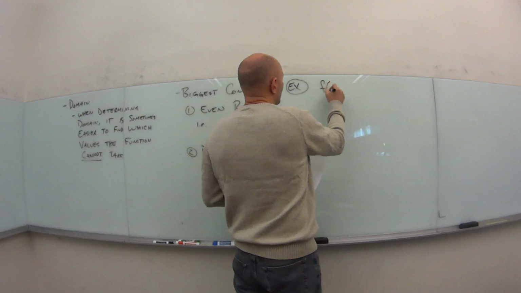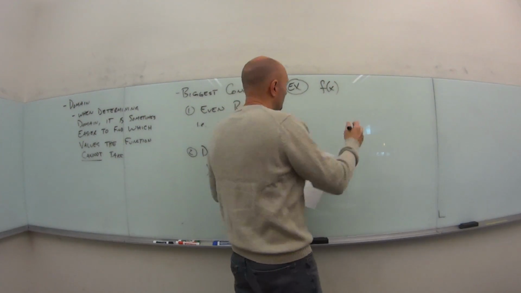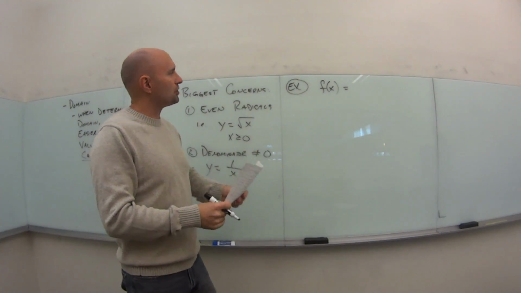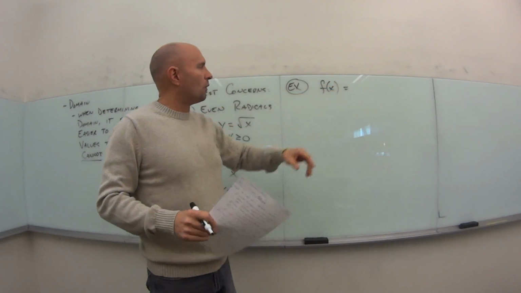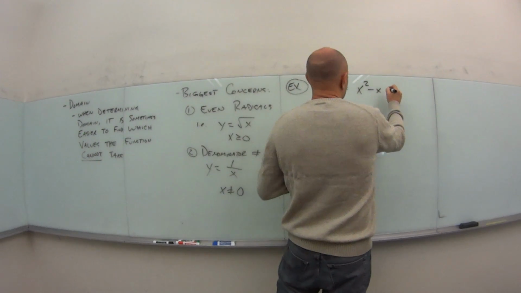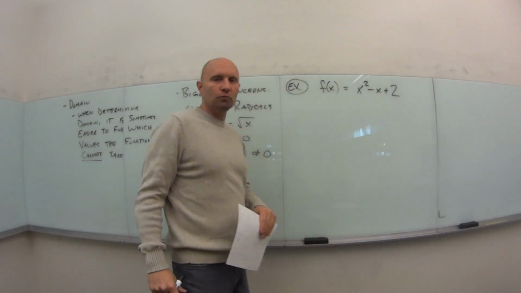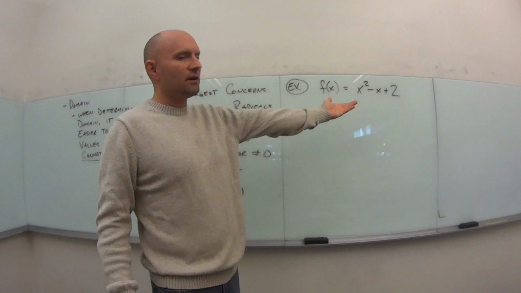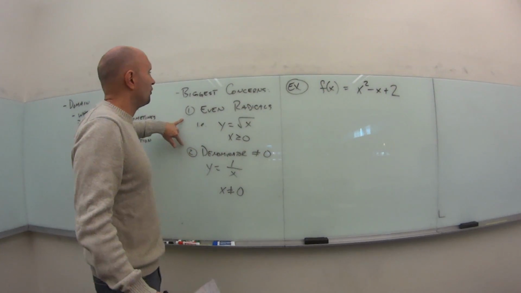So the first one, we want to find the domains on these problems. First one is that f of x, so remember this is our notation for a function. The function f, when we input x, is x squared minus x plus 2. So I want to know what values can I choose for x within this function. Well, let's go back here and look.